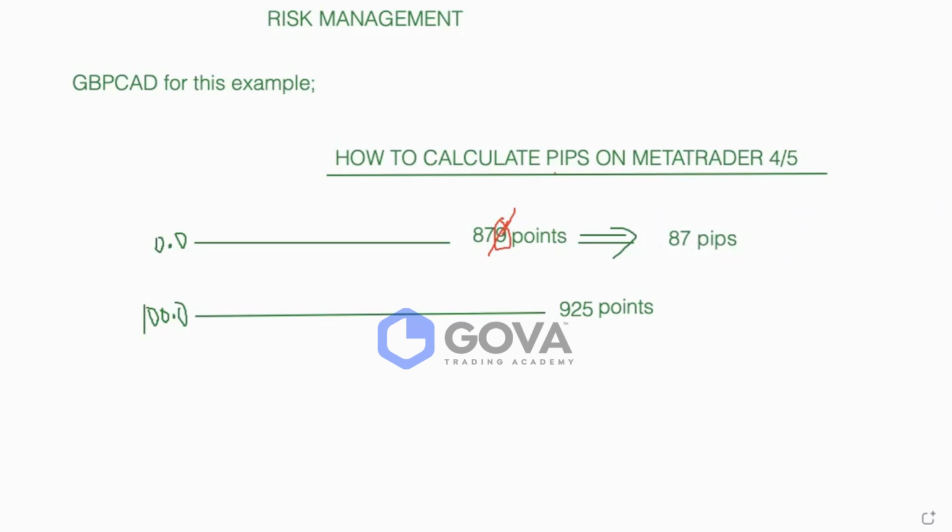So we are done with this example. Let's move on to the other example. On the other example, you can see we have 925 points. The last number here is 5. So we are going to cancel out 5.